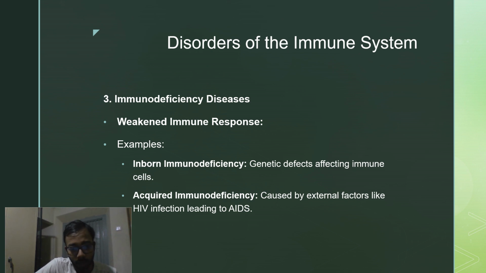And there are acquired immunodeficiencies, which are caused by external factors, such as some viruses. The most common example is HIV, or human immunodeficiency virus, leading to AIDS, which is acquired immunodeficiency syndrome.